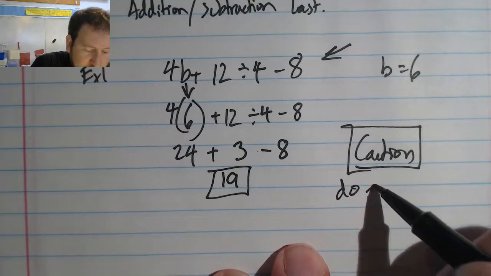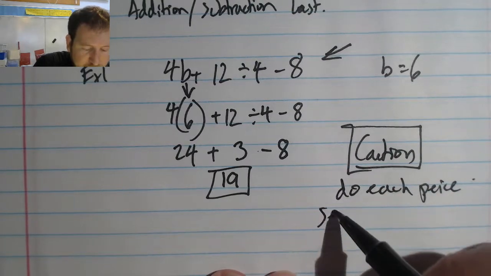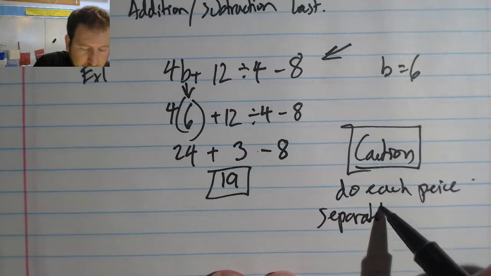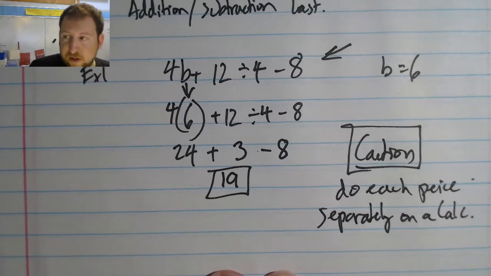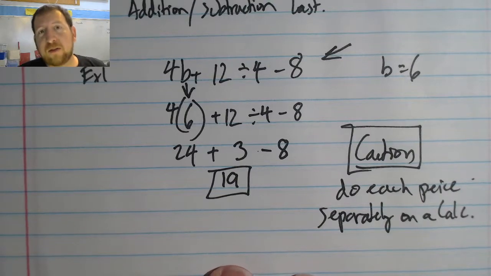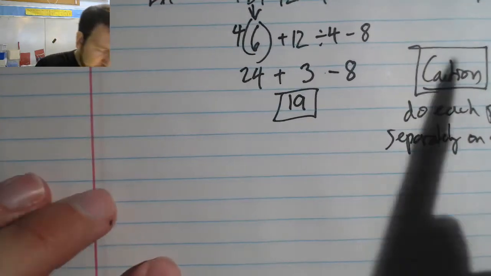So do each piece separately. Because I think it's important to be able to use a calculator, but you need to be able to use a calculator correctly and when it needs to get done. Okay, if you're finished, go ahead and go on. I'll do maybe 1 or 2 more examples.